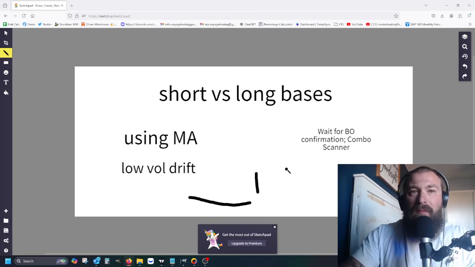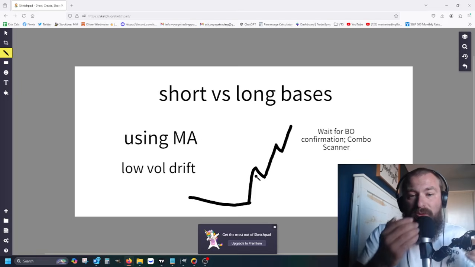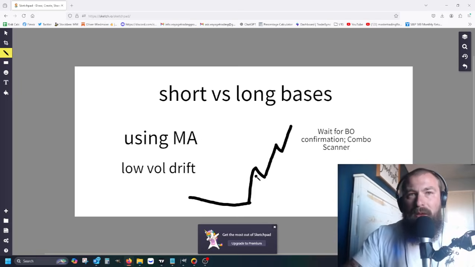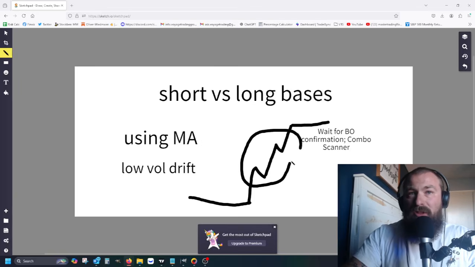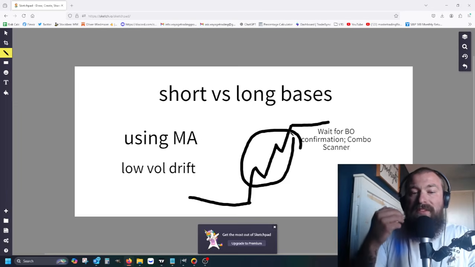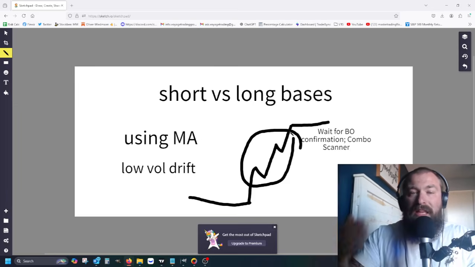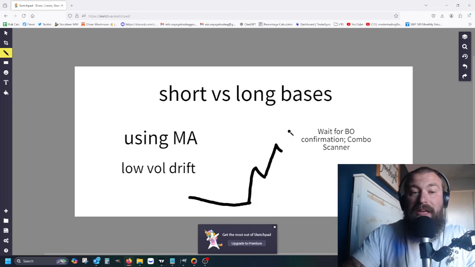And so typically what it looks like is it looks something like this. You have a big momentum burst, it pulls in, but eventually the stock does have to have a longer base. This momentum typically is short-lived, several weeks, not several months, and then profits will be taken, and that's when the longer base is created.